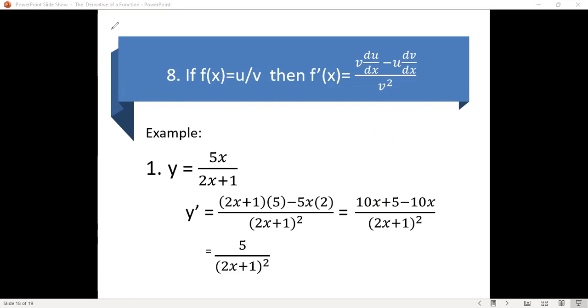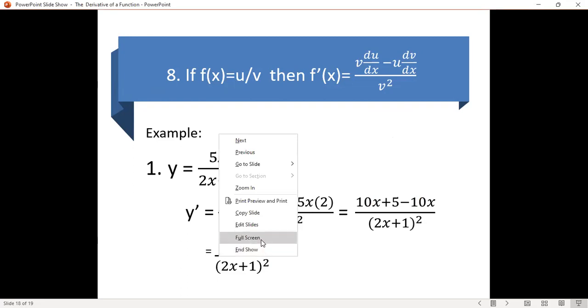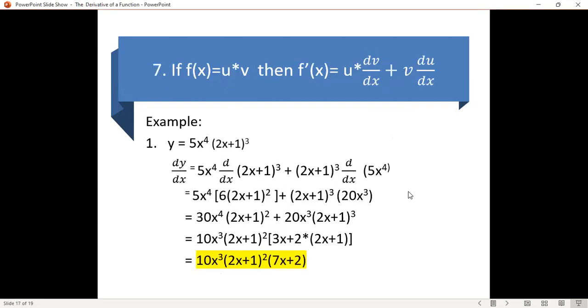Check ko lang, guys. So yon. Okay. So here we have our u is, okay, well anyway, ganito siya. Our u is 5x to the 4th.